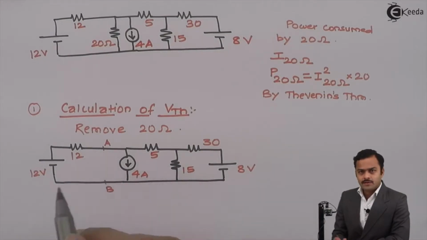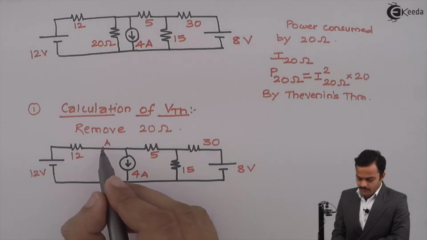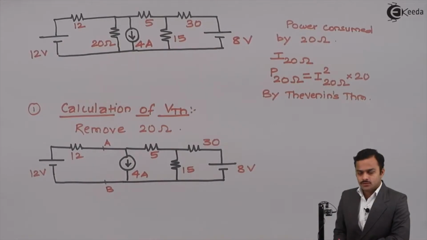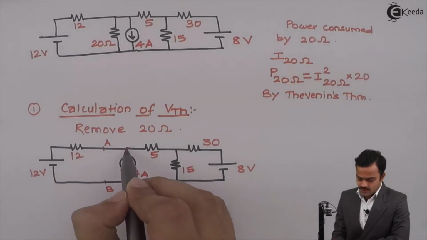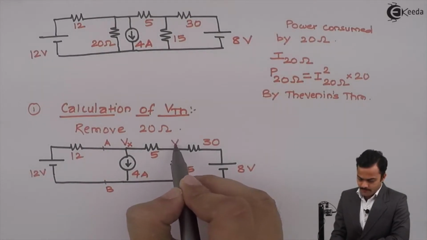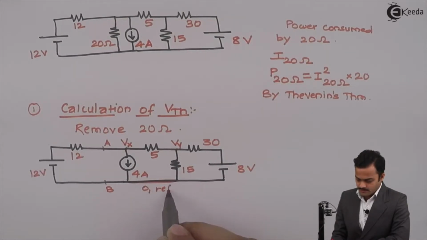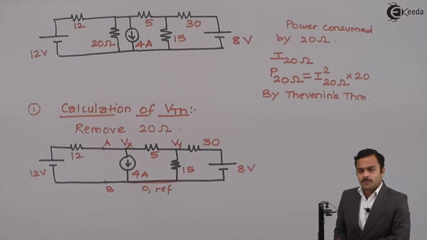For that we can use any of the laws, either KCL, KVL, mesh analysis, nodal analysis. So I will use nodal analysis for this circuit, having this node which has the potential Vx, this node having potential Vy, and this entire thing I will consider a reference node, having zero potential.